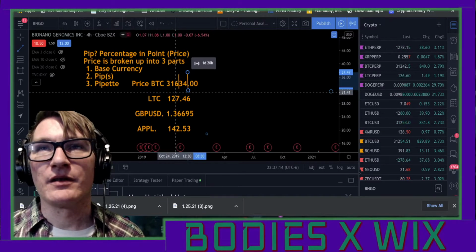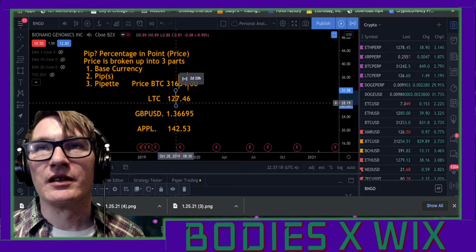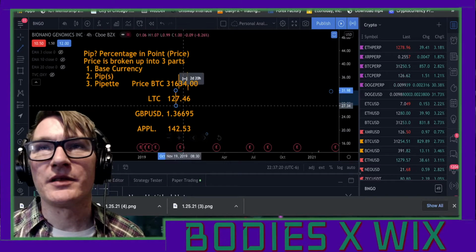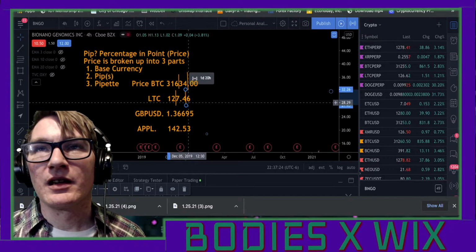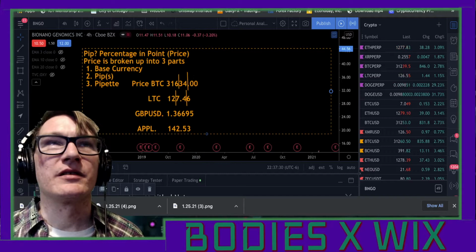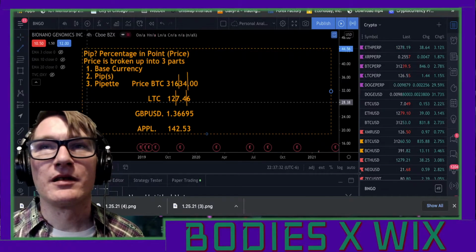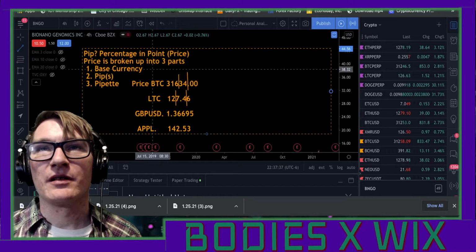It's your first 2 that are your main price, then these 2 are your pips, and your last one is your pipette. The pipette's not always the last one, but usually is. I'm just going through different ones.